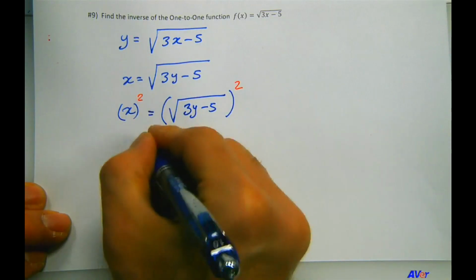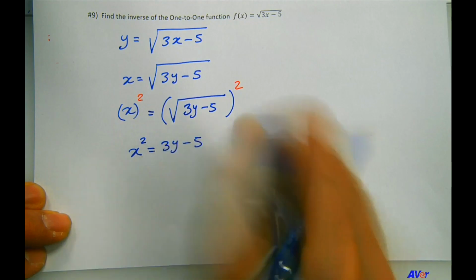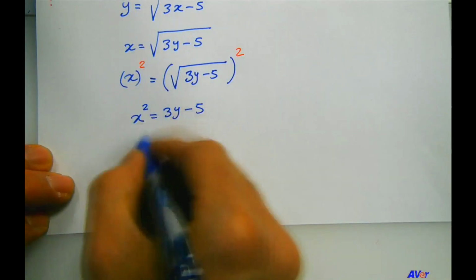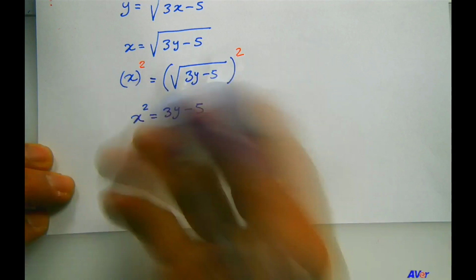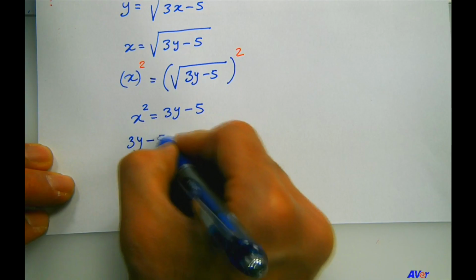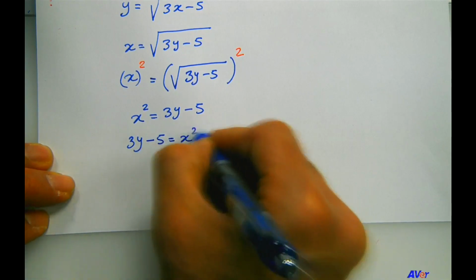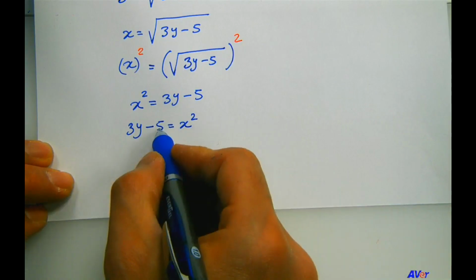So we have x squared equals 3y minus 5. Once again, let me switch things so visually it looks better, because the variable I'm solving for, I want that on the left side. Okay, like that. So now let's get rid of the negative 5 by moving it to the other side.